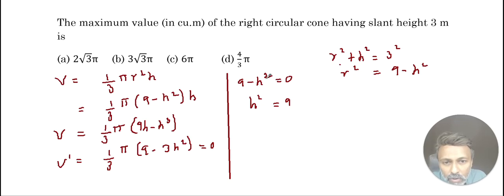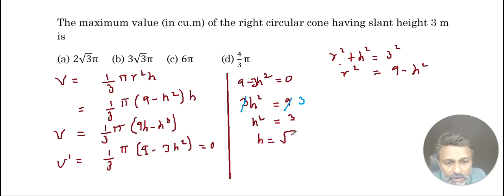Not h square, it was 9 minus 3h square, it was 3h square here. So 3h square is 9. So h square is 3. And therefore h will be simply root 3.